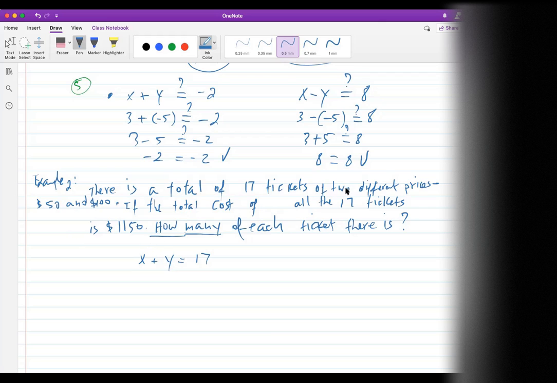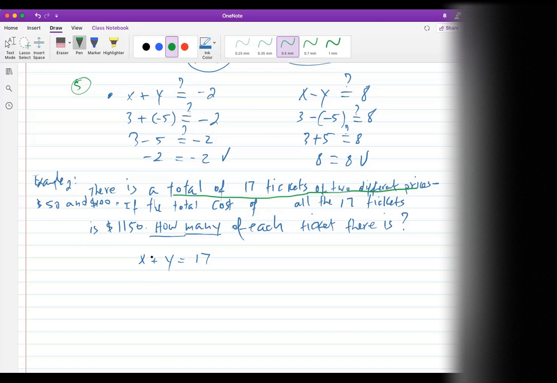So based on the problem here, that translates to one equation: total of 17 tickets of two types, two different prices. So the prices are 50 and 100. So this is the first one.